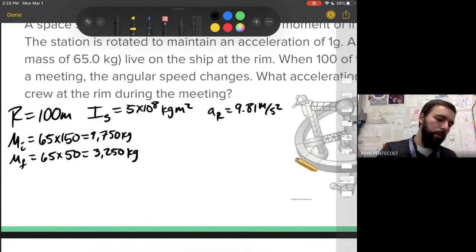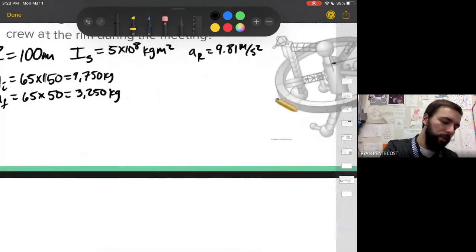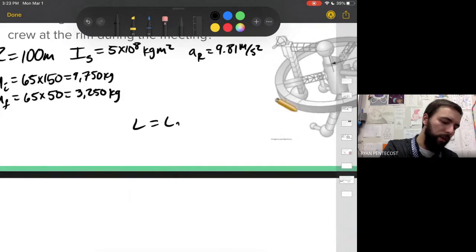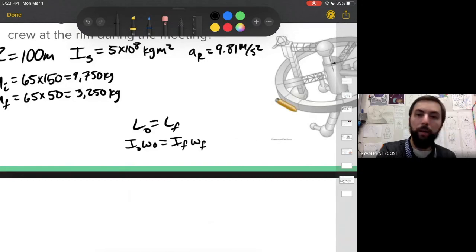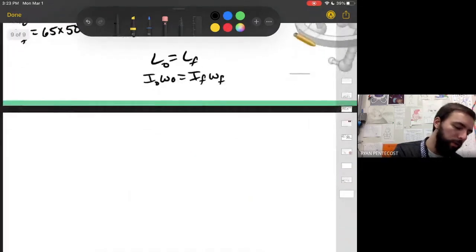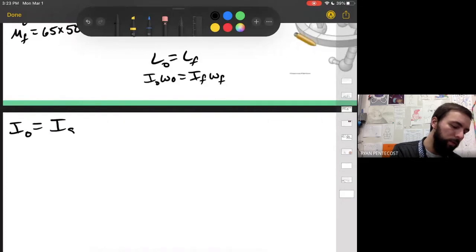Now, if we look at this through the lens of conservation of angular momentum, we know that the change of moment of inertia is what's going to change our angular speed. So we need to find the initial and final moment of inertia. Here we're going to take the moment of inertia of the ship plus the mass of the crew times the radius of the crew squared.